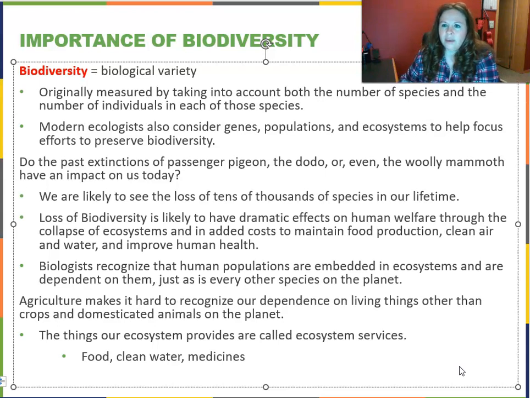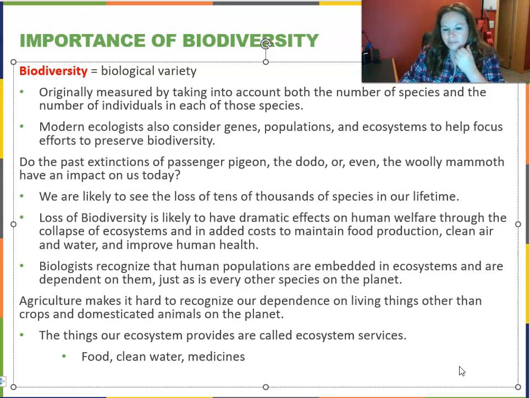But we have to think beyond just the organisms we use in agriculture and domestication. We have to think beyond to other organisms, even ones that we don't see on a regular basis, like fish in the ocean, insects in the forests, plants and fungus. We have to think outside the box here.